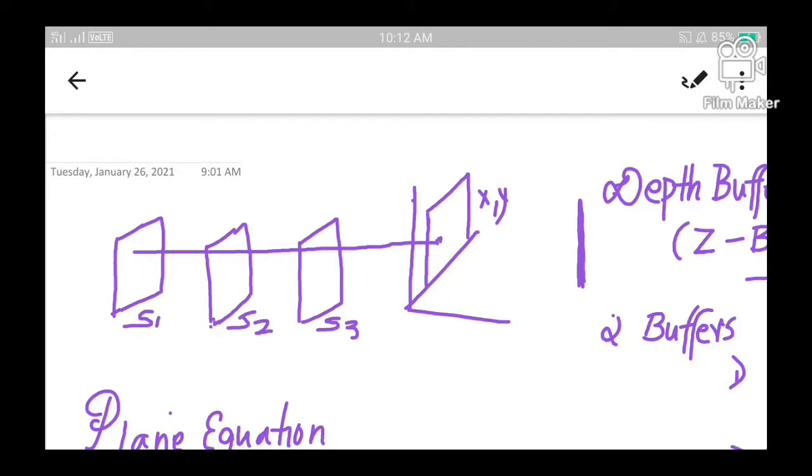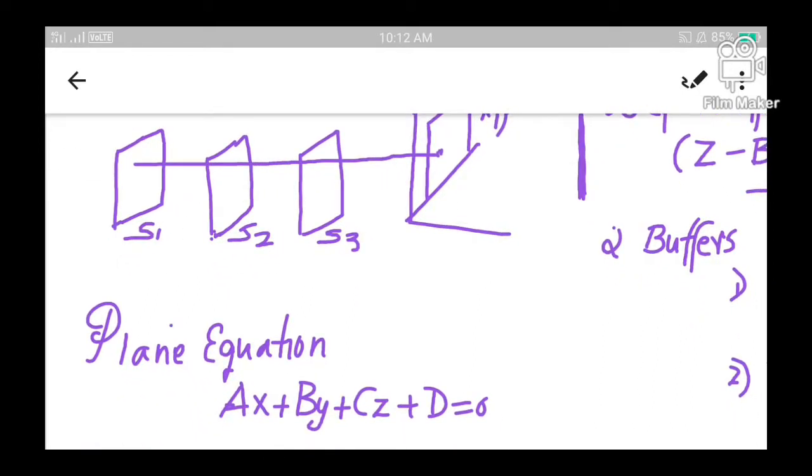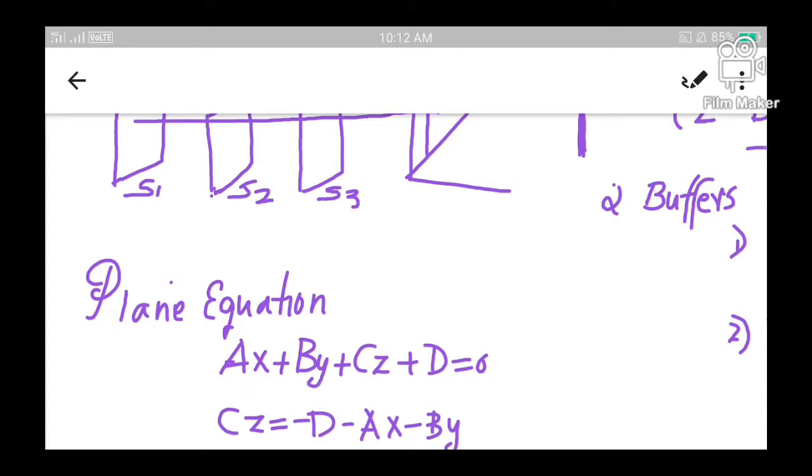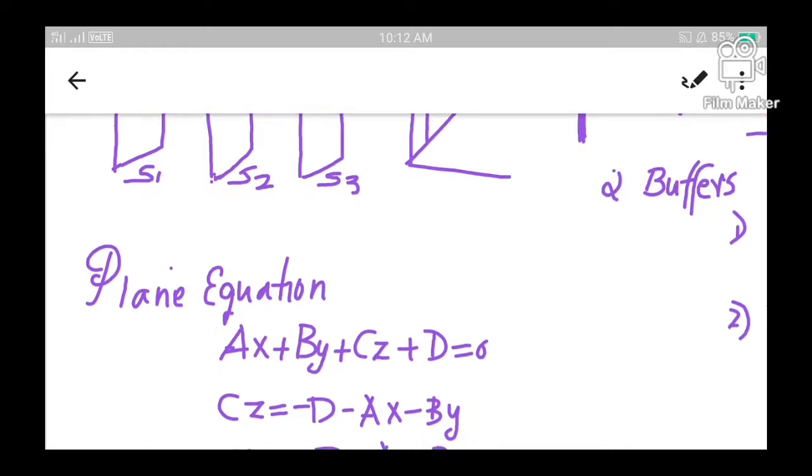For this, we require a plane equation, and the plane equation is ax + by + cz + d = 0. From this equation, we can compute the value of cz. Taking all other terms to the right hand side, we get cz = -d - ax - by.